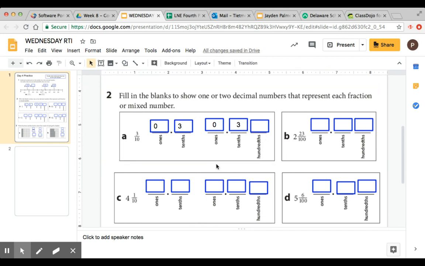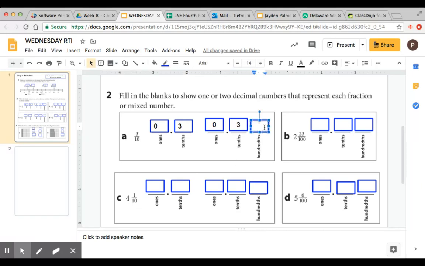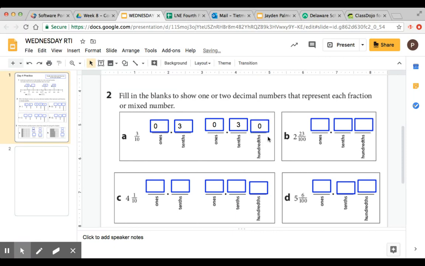Hundredths, think of as your ones place. We don't have any hundredths here, so we're just going to put a 0. So the two ways you could write this fraction would be 0.3 or 0.30. Both of those decimals represent this fraction of 3/10.